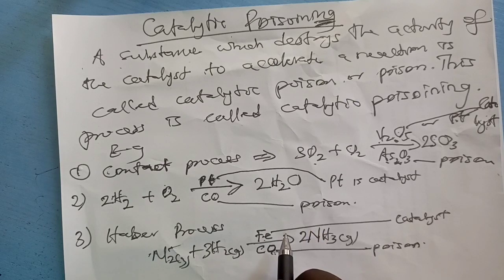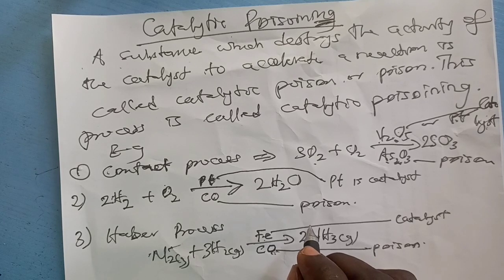Instead of the reactant being adsorbed on the surface of the catalyst, the poison takes the place of the reactant. Therefore, it will make the reactant not have a place in the active site on the surface of the catalyst.